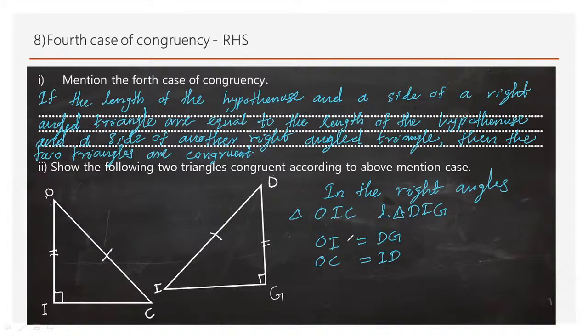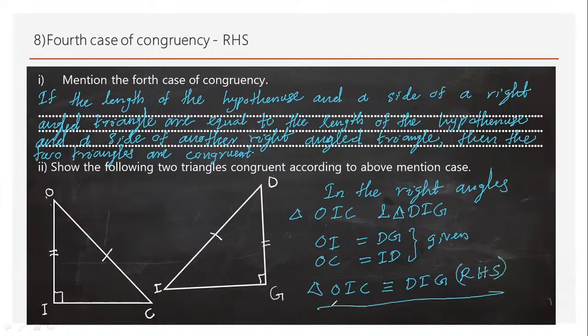So these are given information. We can write triangle OIC congruent to DIG. Situation RHS. Right angle, hypotenuse and the side.